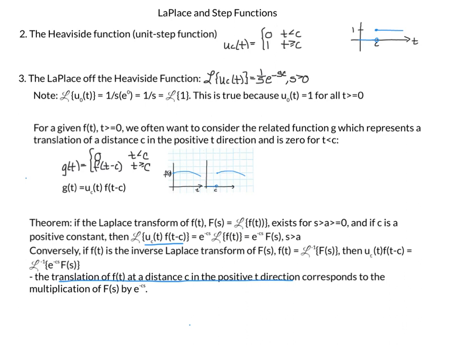Or if we use the capital F as denoting our Laplace transform, that's e to the minus cs capital F of s. Once you start using this formula, it'll become second nature to you.